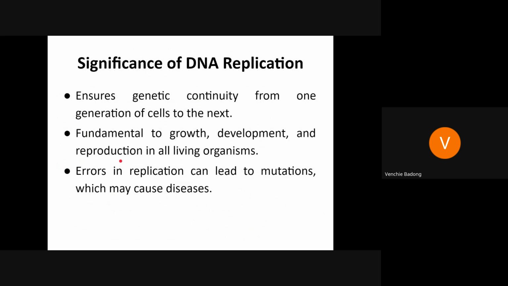The significance of DNA replication is that it ensures genetic continuity from one generation of cells to the next, fundamental to growth, development, and reproduction in all living organisms. If there are errors in replication, it could lead to mutation, which may cause various conditions such as a particular disease.